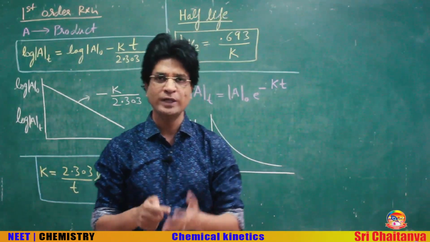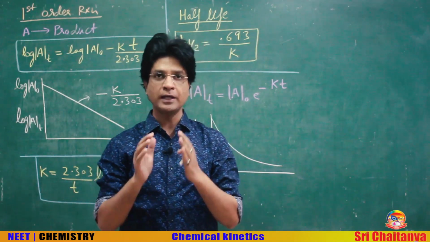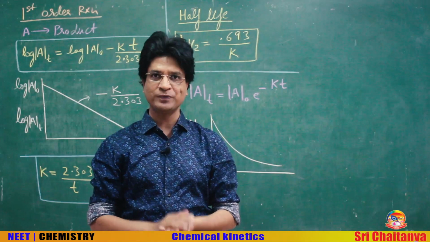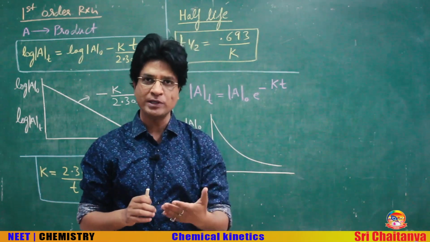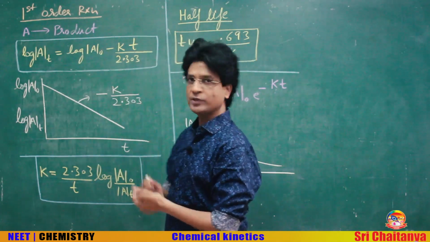Okay students, now we have come to the last part of this chapter, the first order reaction, and that is the most important part of this chapter. Most of the questions are asked from first order reactions only. So let us come to first order reaction.